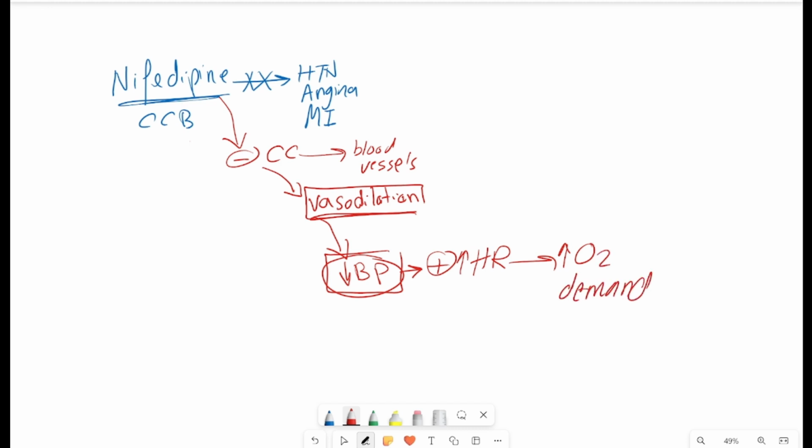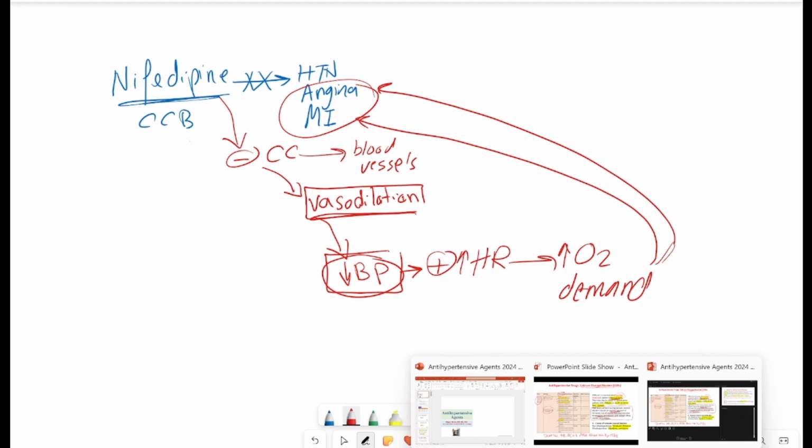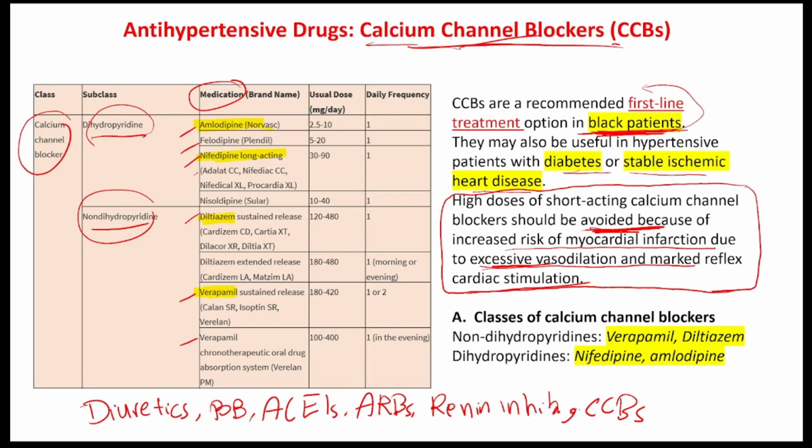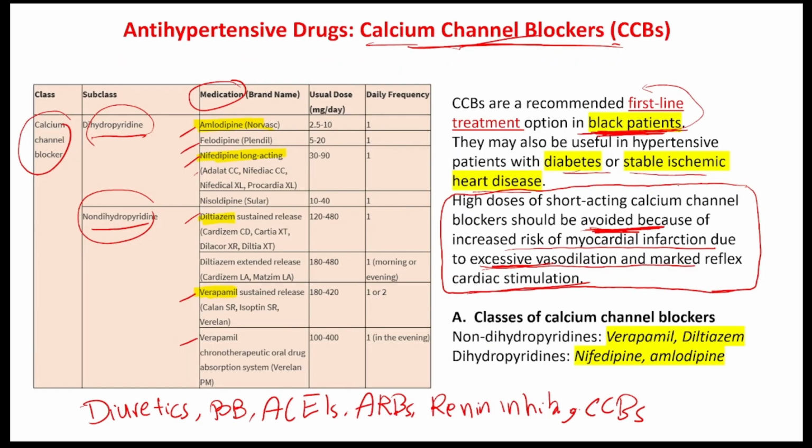So if the patient suffers from angina or myocardial infarction, this will lead to exacerbation and predispose to angina or myocardial infarction. For this reason, we don't recommend short-acting calcium channel blockers in patients with myocardial infarction or angina.